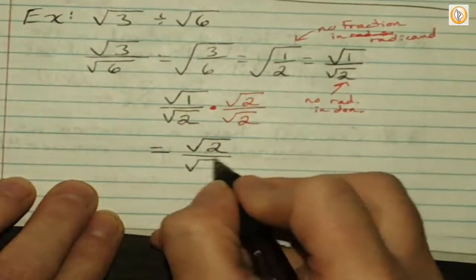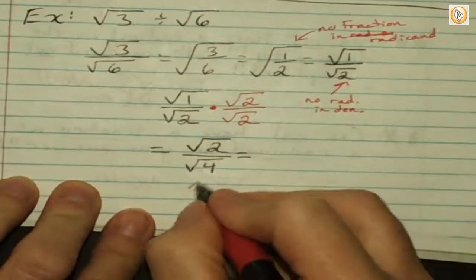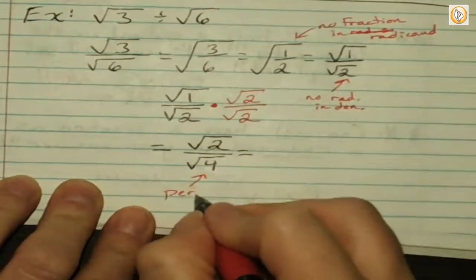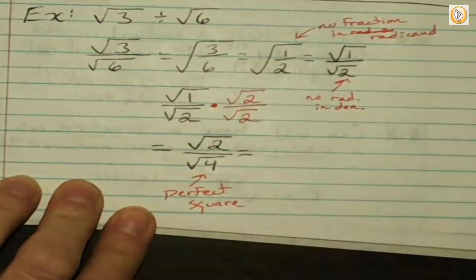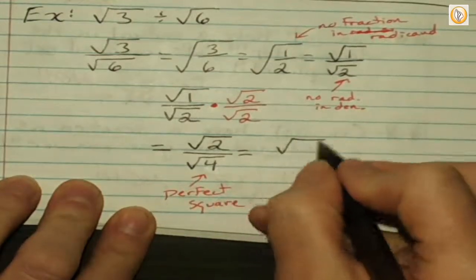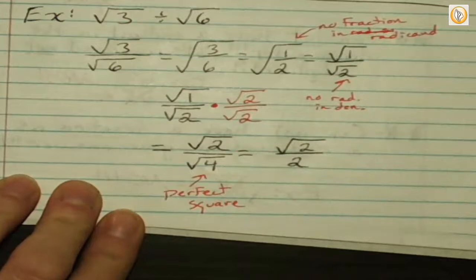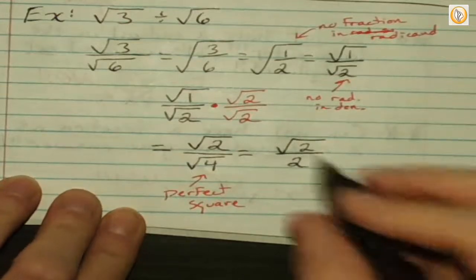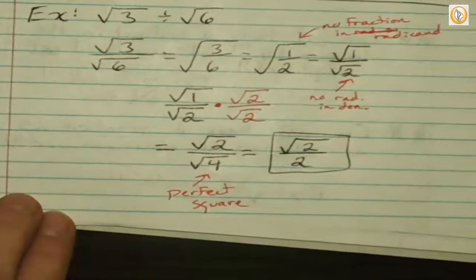Just for notes purposes, it would be radical 4. This is a perfect square. She's correct. That would end up being a regular 2 now. And that is as simplified as we can get.